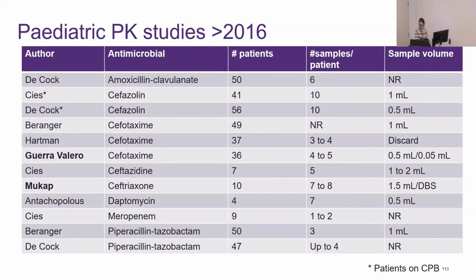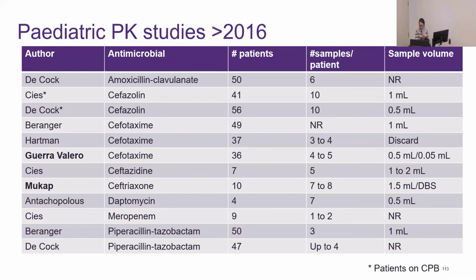Just based on these results, it suggests there is an increase in the number of PK studies being performed in paediatric patients. There's an increased number of patients being enrolled into the studies. You can see there, certainly those top 6 were all quite high, and there's quite a few studies over the 30s there.